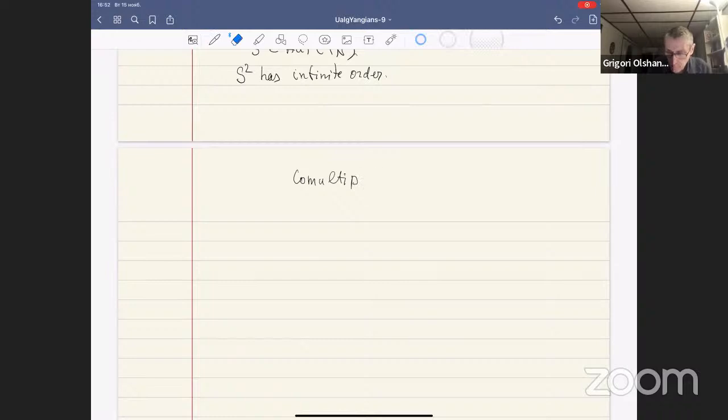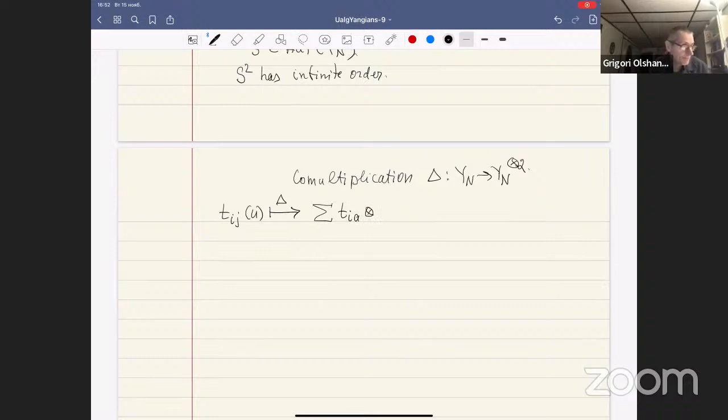The co-multiplication map is defined in terms of the generating series. You see, here there is some evident analogy with the matrix multiplication.